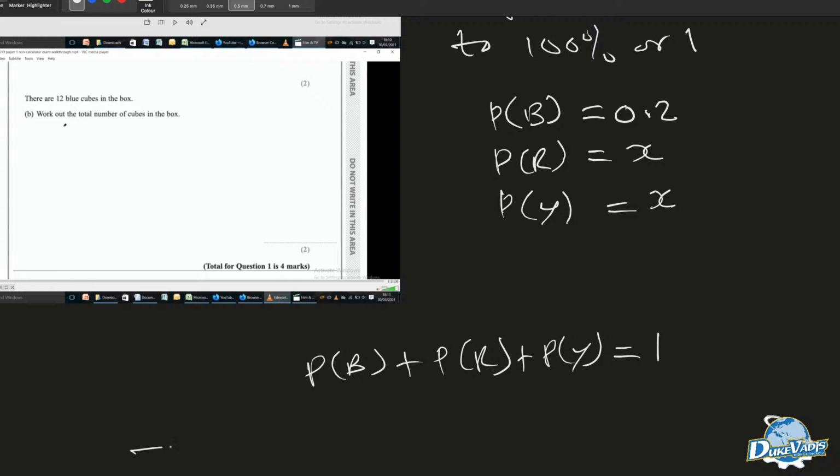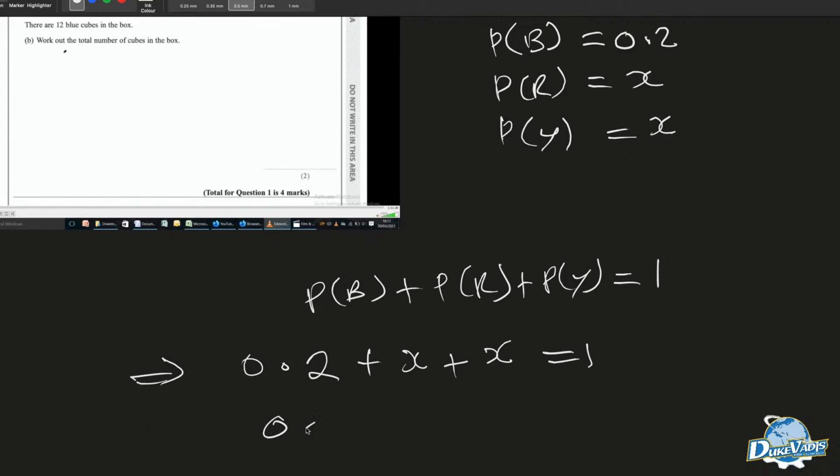Since we know the probability of selecting blue is 0.2, plus the unknowns, the probability of selecting yellow and that of selecting red, is supposed to equal 1.